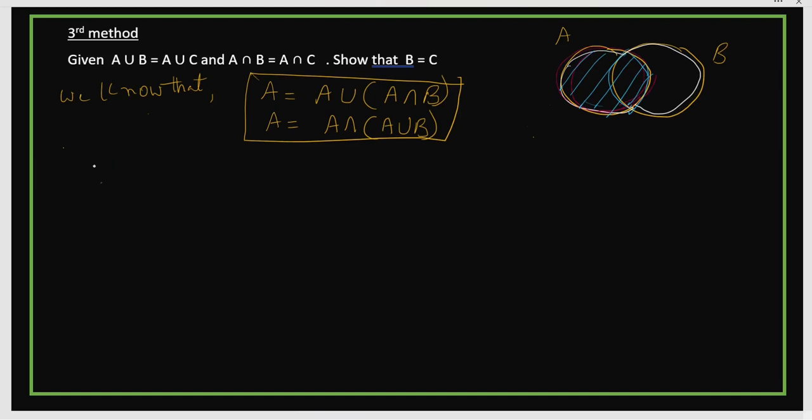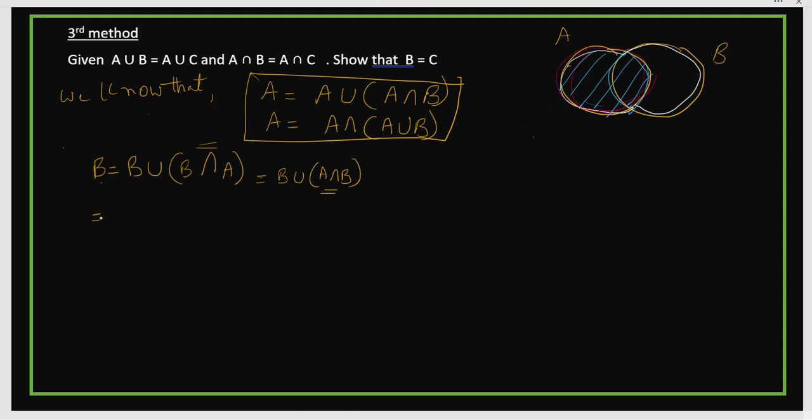We'll see what B is now. B equals B union, we are using the same formula, B union B intersection A, or B union A intersection B, because both are the same.